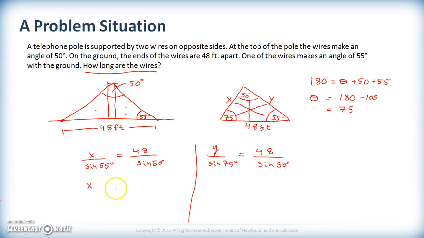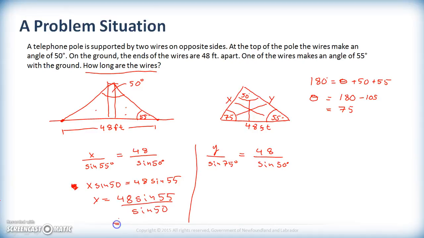So for the X stuff first, I'll cross multiply and end up with X times sine 50 is going to be equal to 48 sine 55. So then X is equal to 48 times sine 55 divided by sine 50.